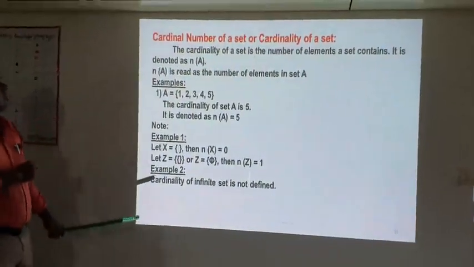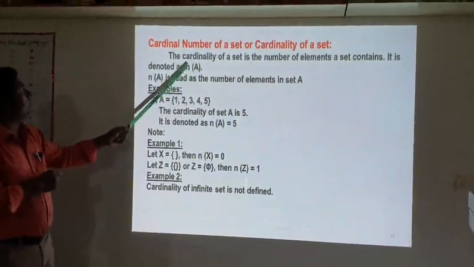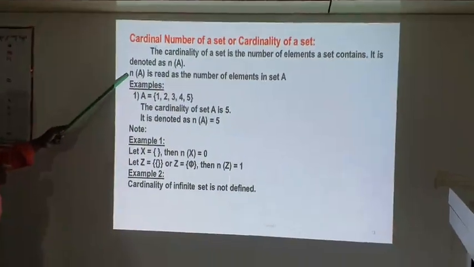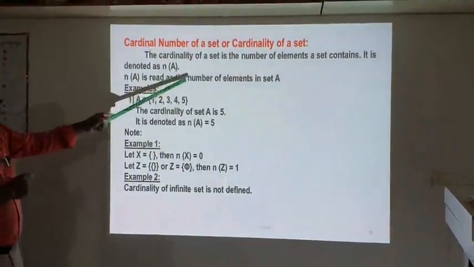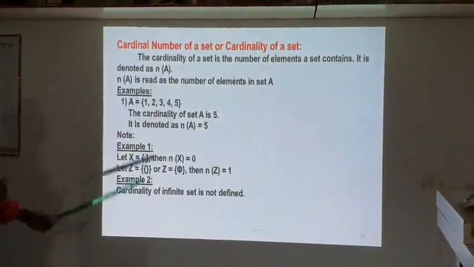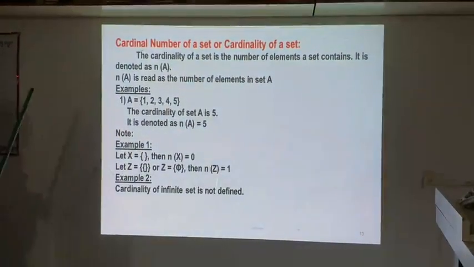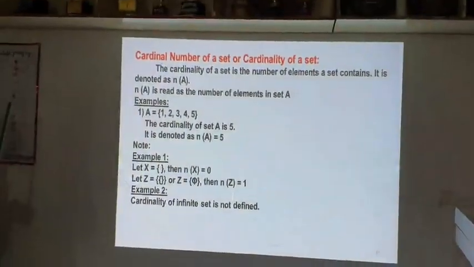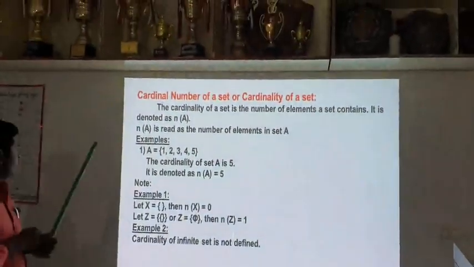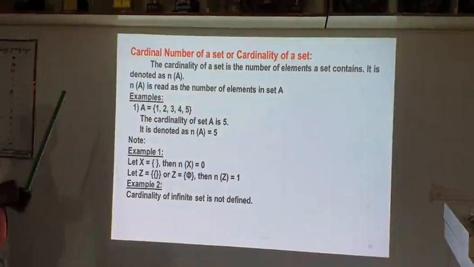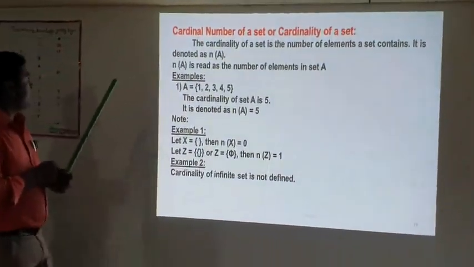It is denoted by n(A), which means cardinality of A. See here, cardinality of A is written as the number of elements in set A. It is known as the cardinality of a set. Cardinality of a set means how many elements the set has.